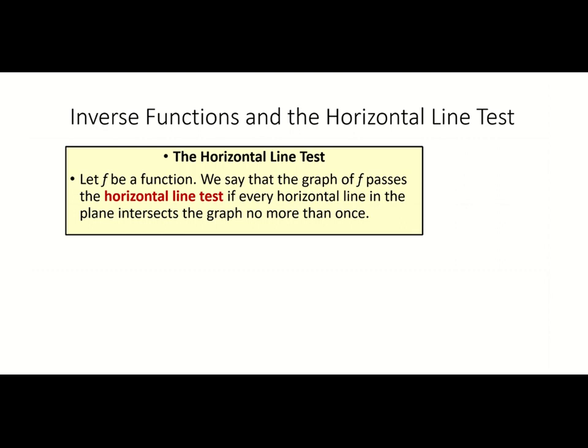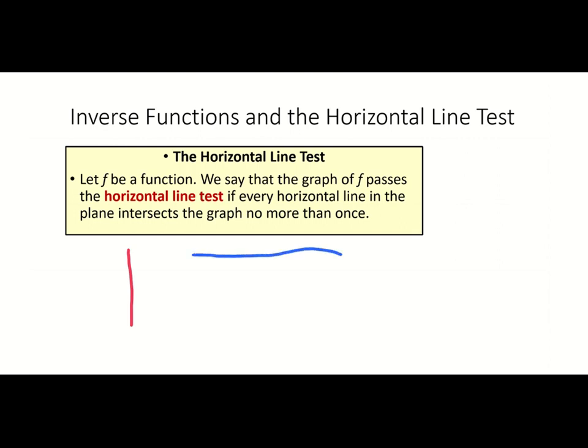So earlier in another section, we used the vertical line test to determine if our relation was actually a function. If it passed the vertical line test, so our vertical line, remember, goes up and down, then we knew that our relation was a function. Now, in order to see if the inverse of your function is a function as well, instead of doing the vertical line test, you're going to do the opposite, a horizontal line test.